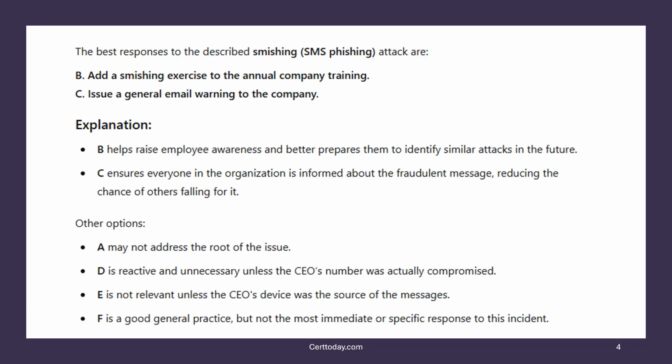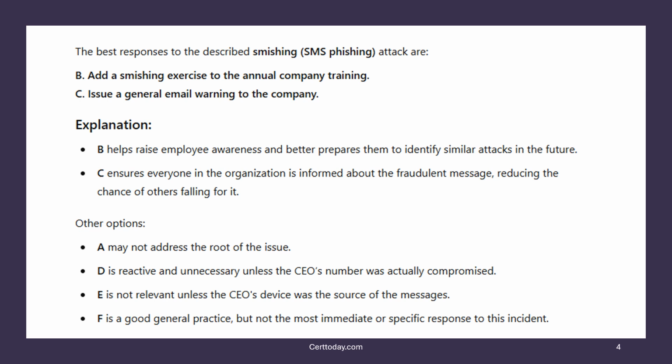The best responses to the described smishing, or SMS phishing, attack are B, add a mission exercise to the annual company training, and C, issue a general email warning to the company. By adding a mission exercise, this will help raise employees' awareness and better prepares them to identify similar attacks in the future.